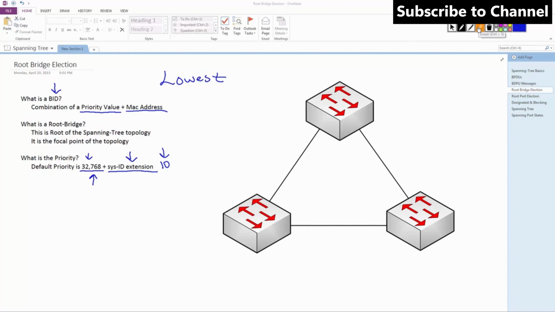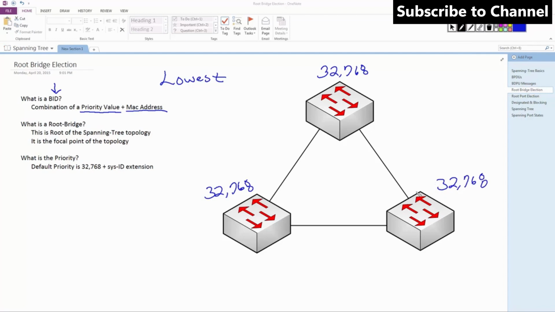So if everyone has a default value of 32,768, which you can change, by the way, but if they're all booting up and they all have the same value, then the lowest MAC address will be the tiebreaker. So we have to understand this. If I have a switch here that is 32,768, and this one is 32,768, and this is 32,768 as well, they're all the same value.